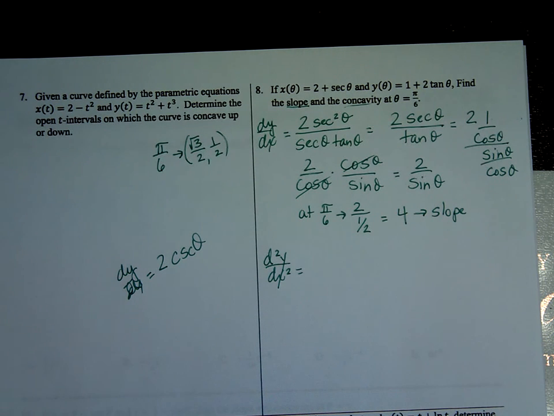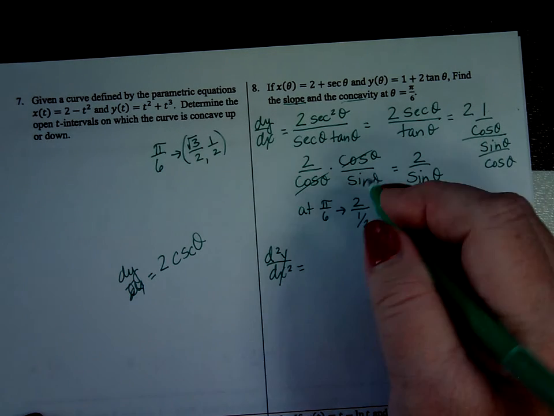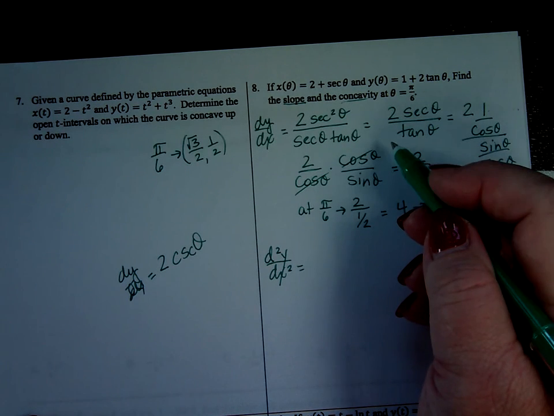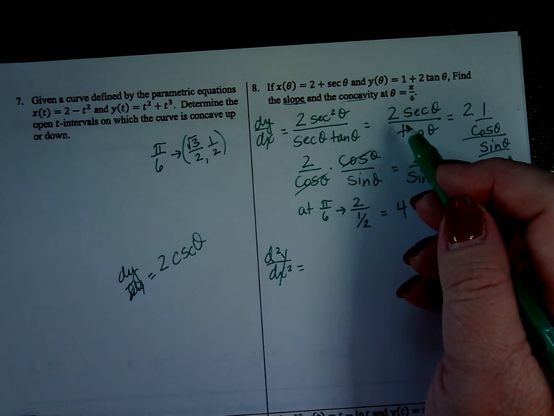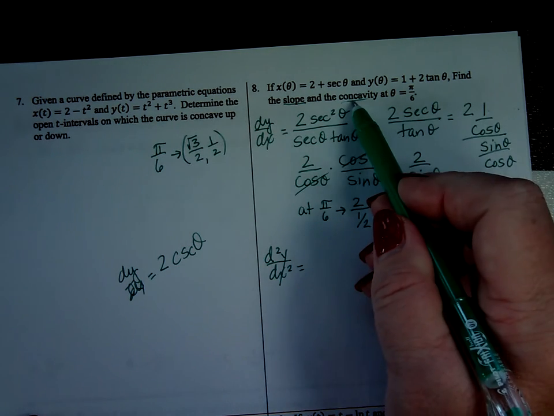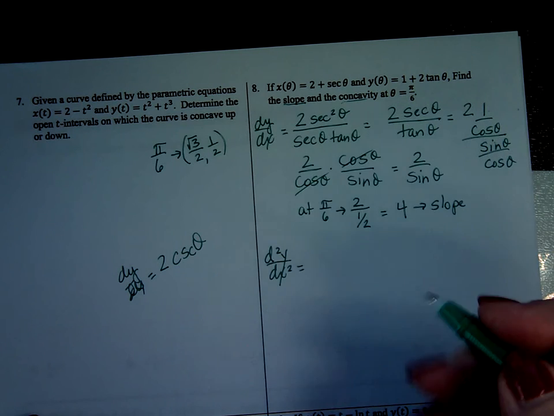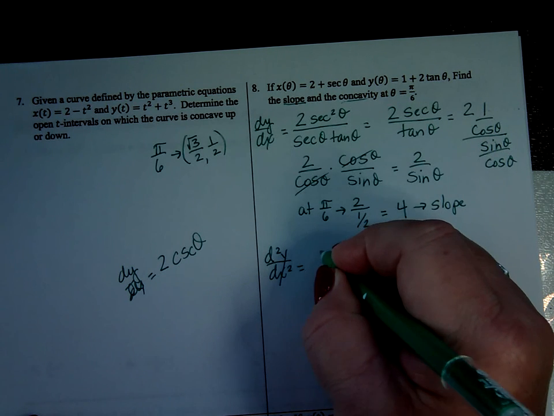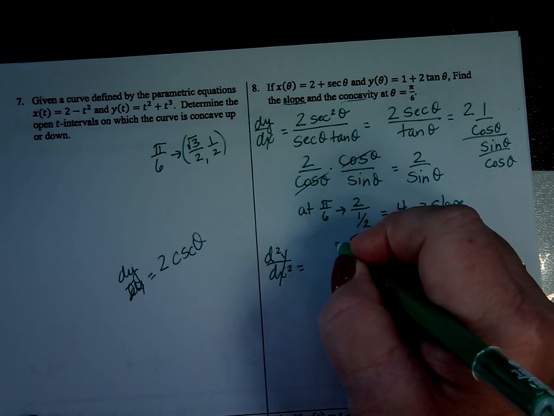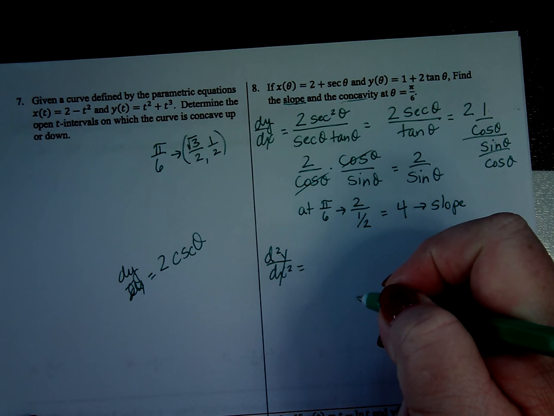But anyway, here's where I went so I can take you on a road that's going to be clear. I went back and did the original here. I took the original, and I said, okay, if I am a 2 secant squared, what did I do?